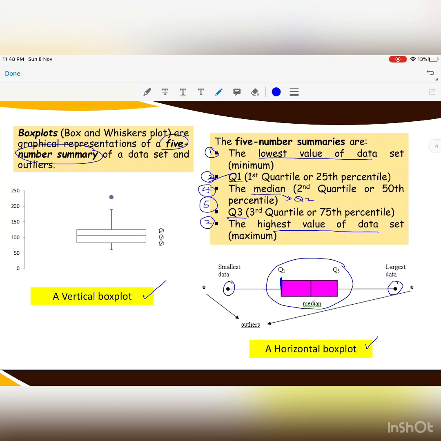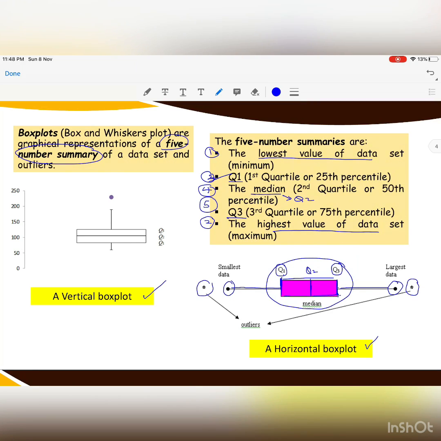The first line is the value for Q1, the second line is Q2, and the third line is Q3. And then draw the box. The box is between Q1 and Q3 only. Then to connect the box to the largest data and smallest data, we have the lines here.